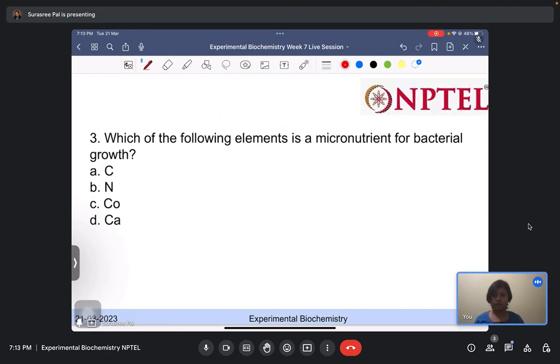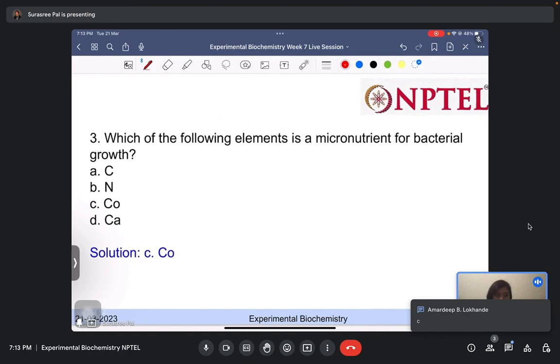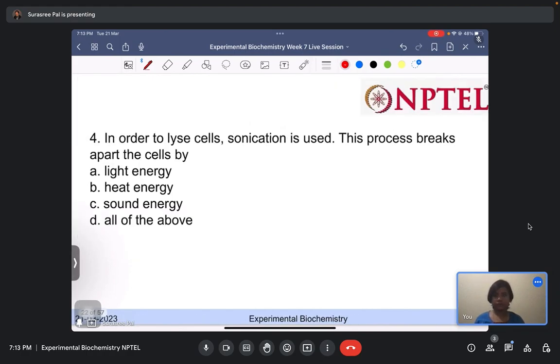Next question. Correct. So a micronutrient for bacterial growth is cobalt. Next question.